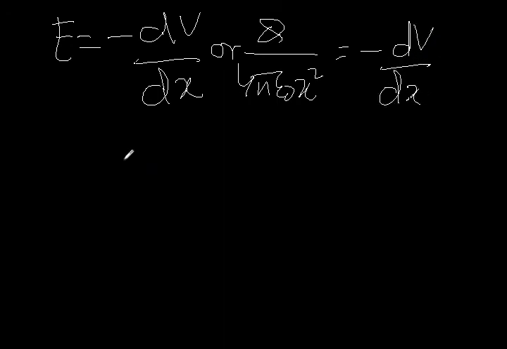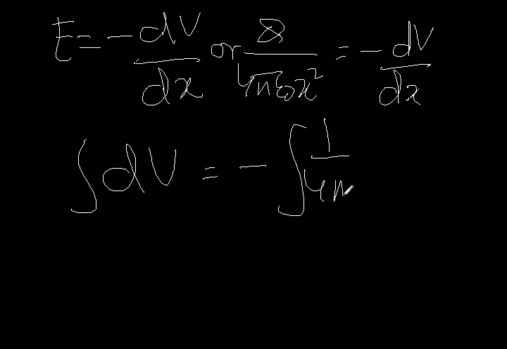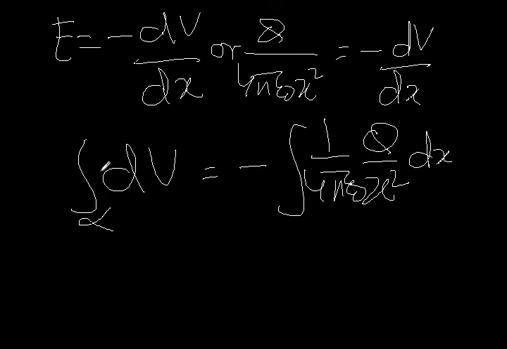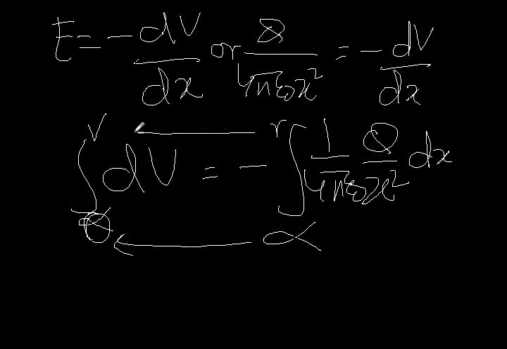Now, if I integrate dV to minus 1 by 4 pi epsilon naught Q by x squared dx, I put a limit where I am integrating: from 0 to V, and here from infinity to R. So what does it imply is simply the fact that at infinity the potential is 0, and at a point R the potential is V.